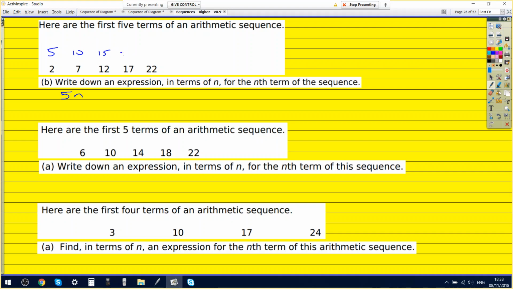So what do you have to do to the numbers in the 5 times table to get the numbers in this sequence, going from 5 to 2, 15 to 12, 20 to 17? Take away 3. Yep. So it's 5n because it's going up in 5s, and then take away 3 to get the first one.